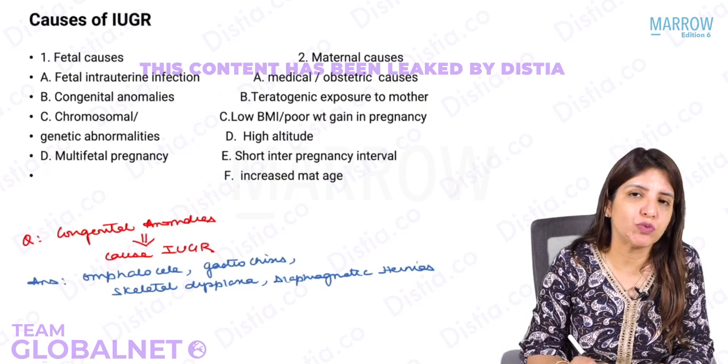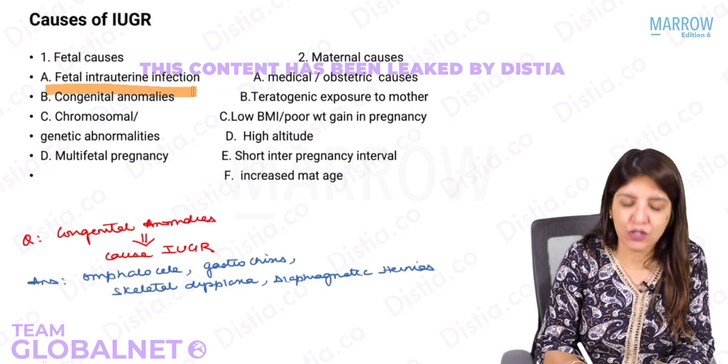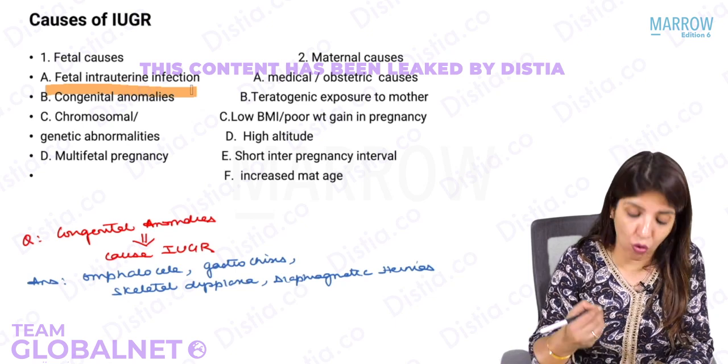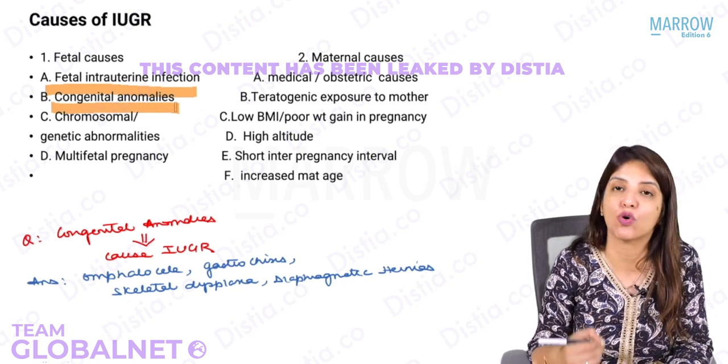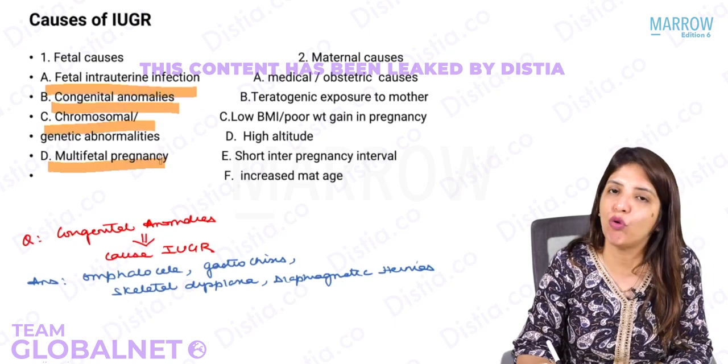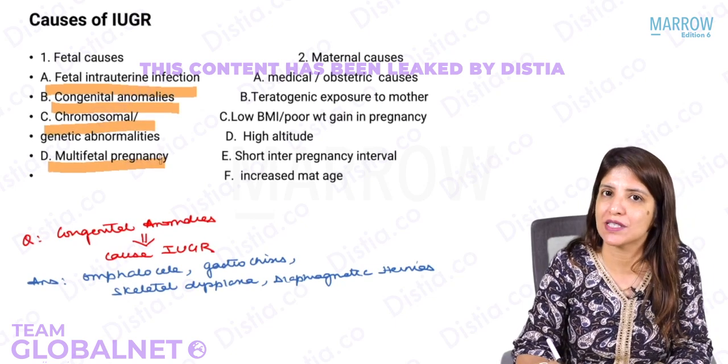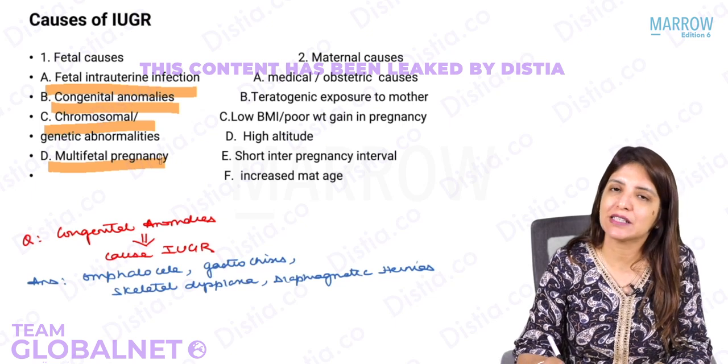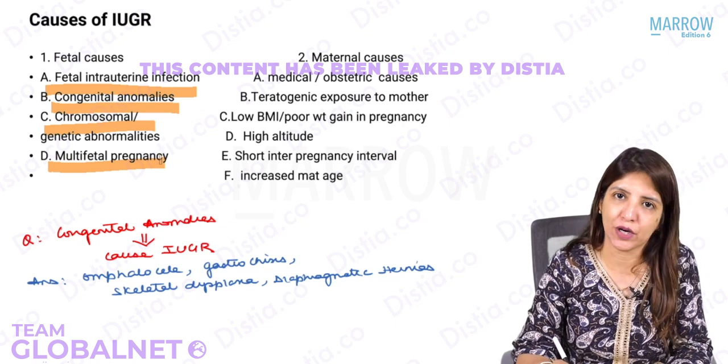Now, the fetal causes which lead to IUGR are fetal intrauterine infection, congenital anomalies or chromosomal anomalies, or multifetal pregnancy. So the four very important common causes are chromosomal anomalies, congenital anomalies, intrauterine infections, and multifetal pregnancy.